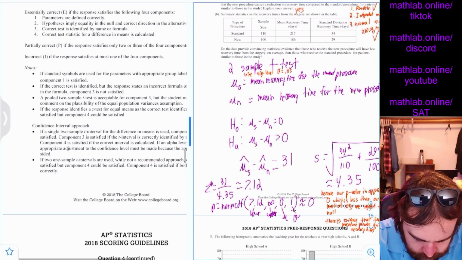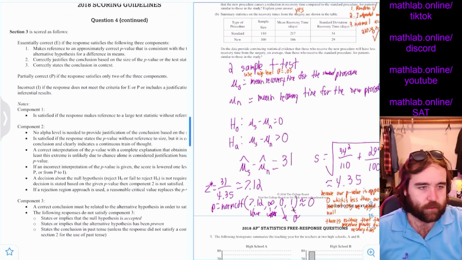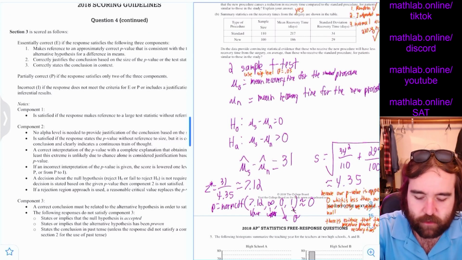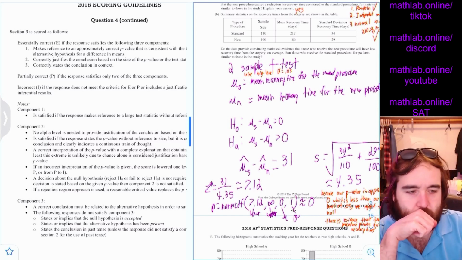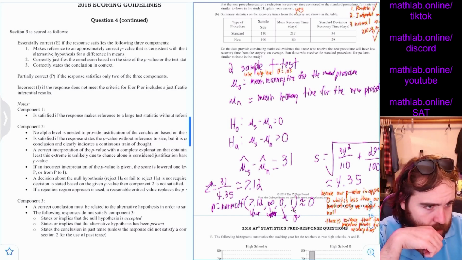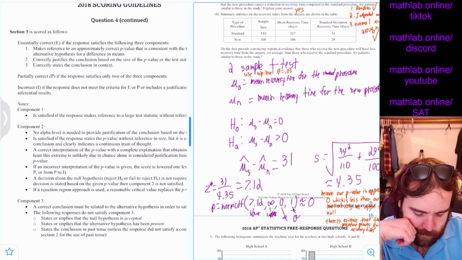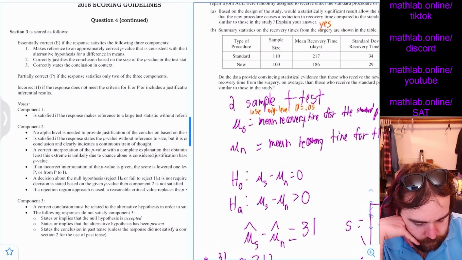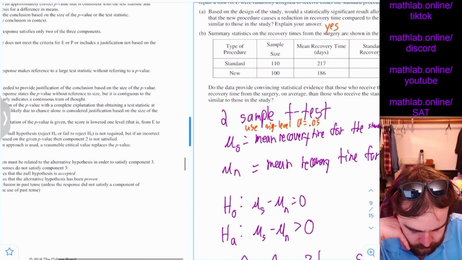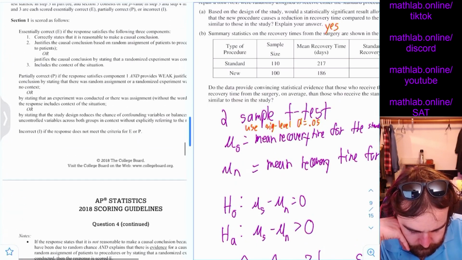But how do you get the degree of freedom for a 2 sample? Is it that there's 2 ways to do it? I kind of remember that. And you subtract 1 from both of them and add them together? That's definitely not what they did. They used some formula, but it's roughly 208 is what they use for the degree of freedom.